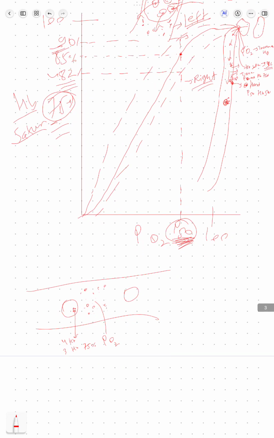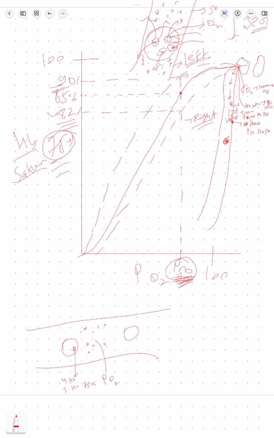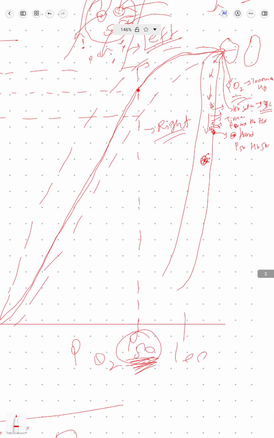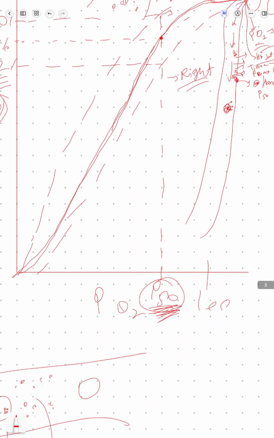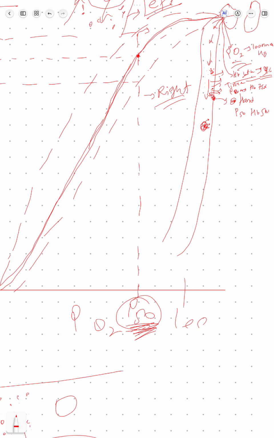So generally what is happening, those both things, the partial pressure of oxygen and hemoglobin saturation, are running in a sequential manner, both decreasing, and I've already shown you that.